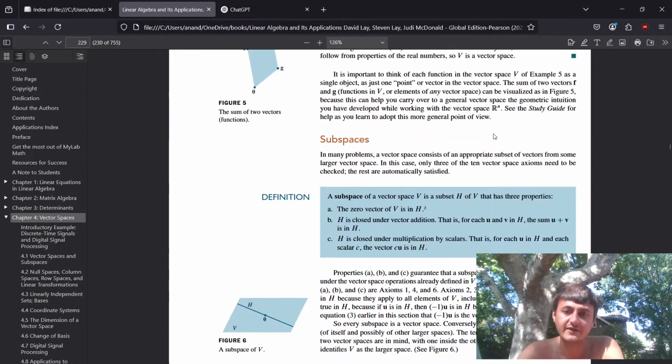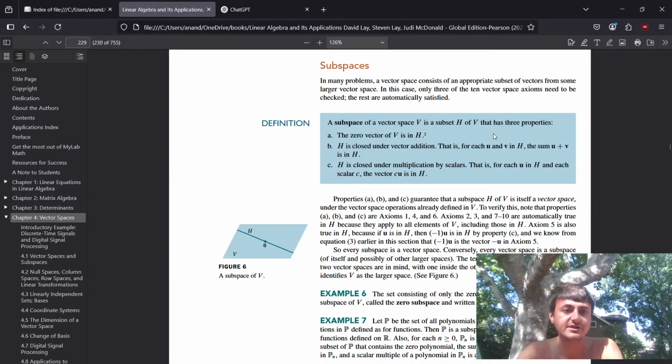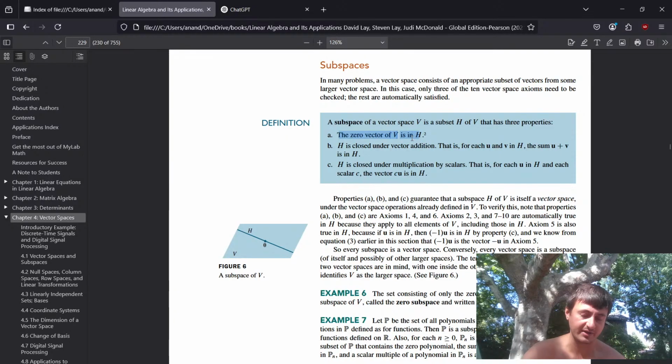Okay, then we get into subspaces. We already did subspaces, but now they're generalizing subspaces from Rn to an abstract vector space V. So it's the same as before. For some set H to be a subspace of a vector space, it needs to have 0.